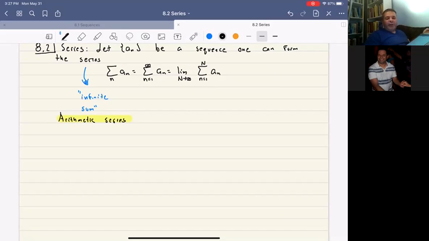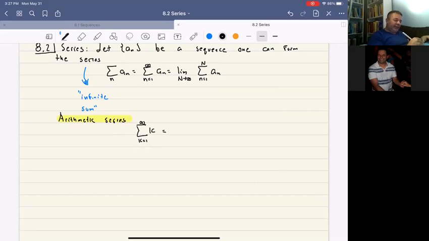Let's say we have our basic one: the sum from k goes from 1 to infinity of k. Actually, let me go back to k there. You'll see why in a second.